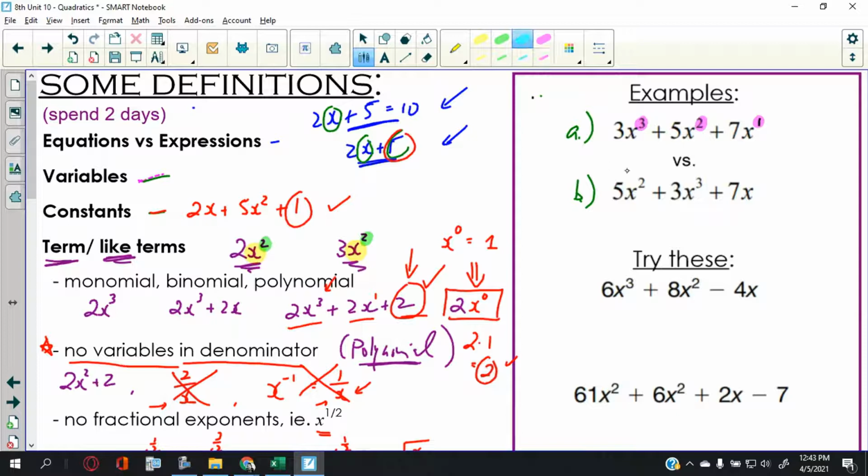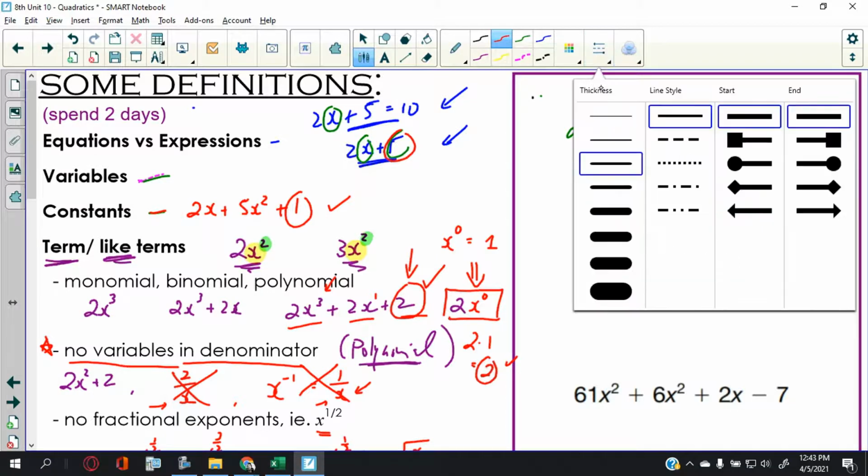I'll repeat. Again, you look at the exponents of each of the terms, right? So for this term, the exponent is 2. For this term, the exponent is 3. For this term, the exponent is 1, like we mentioned already. And you got to put them in order by the power.